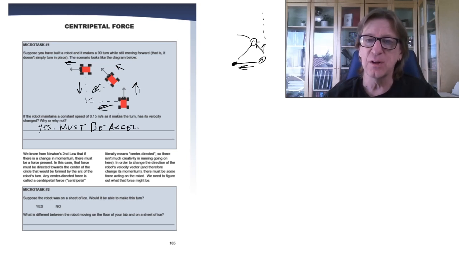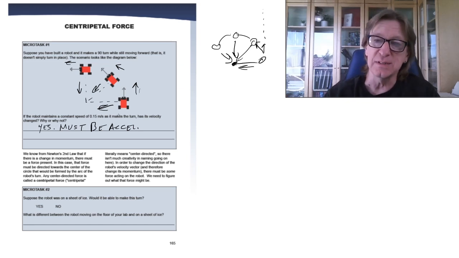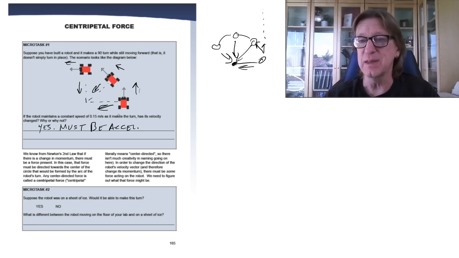And that's going to keep going because that tension is always center directed. So there is a force, and we're going to find out it's friction, but there is a force that's making this robot change its direction, and that force is directed towards the center, and that simply is what a centripetal force is. It's really not that complicated of a thing. Anything that's directed towards the center.